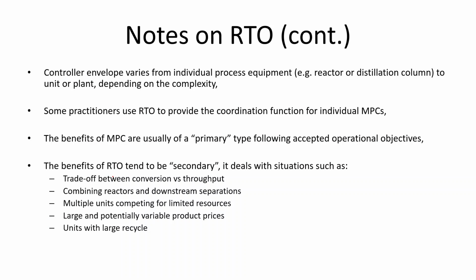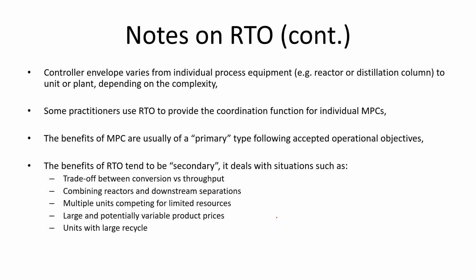Last on the notes on RTO. I think I've mentioned this indirectly. The controller envelope varies depending on the complexity. We may not be able to model the whole plant. For example, in our Excel file, we model the reactor, we model the separator, and we model the split factor on the purge.